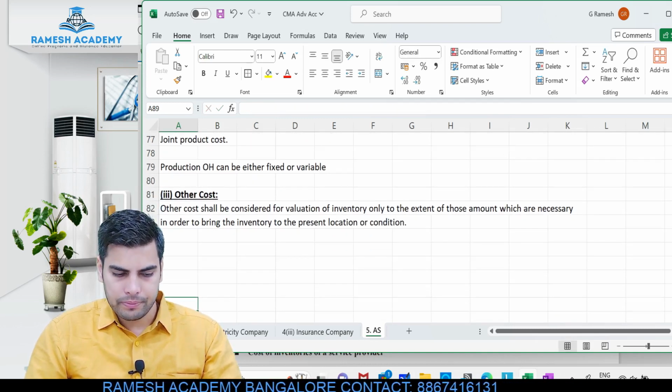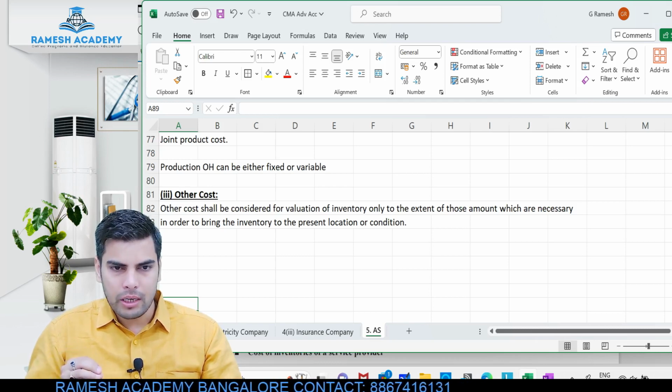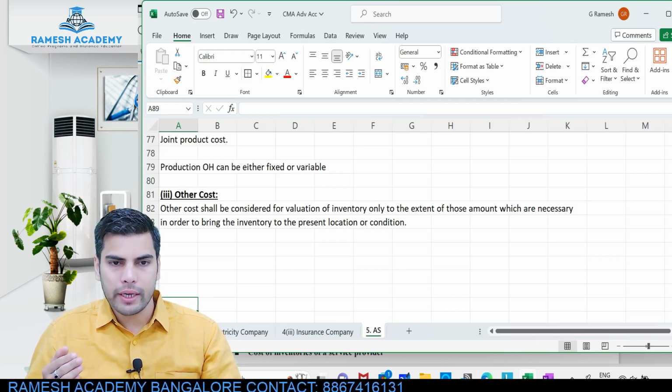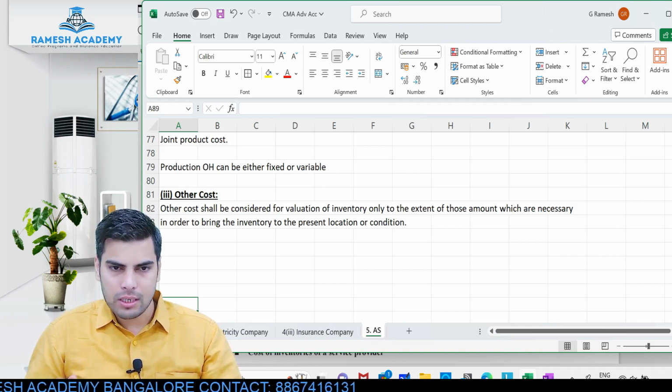Is this clear? So other costs will be included as a part of cost of inventory only to the extent of that particular portion which is necessary in order to bring the inventory to the present location or condition.